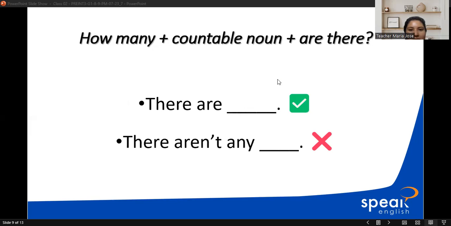I'm going to send you this because we are going to use it for the examples. Give me a second. Okay, so these are for the countables.